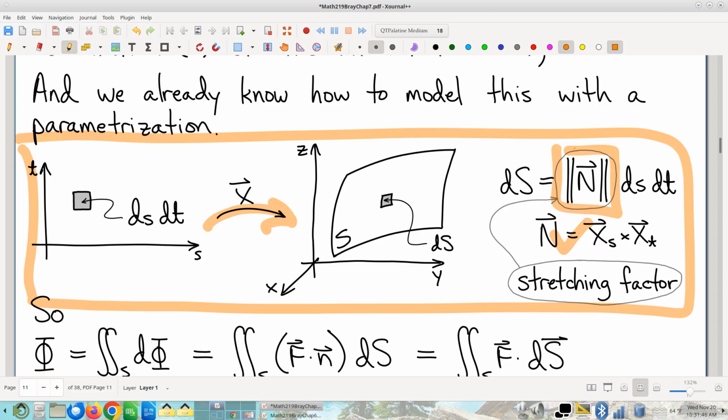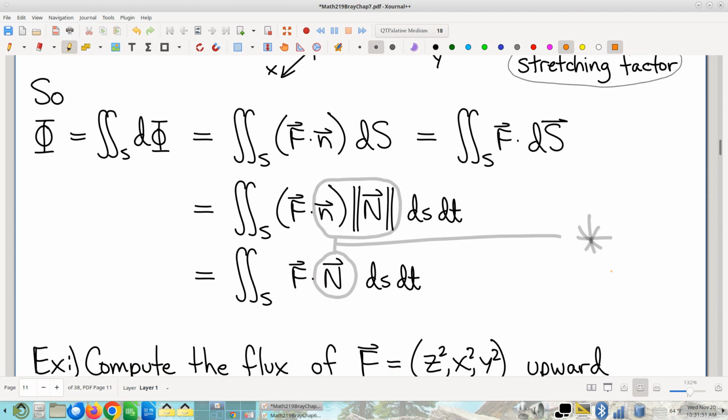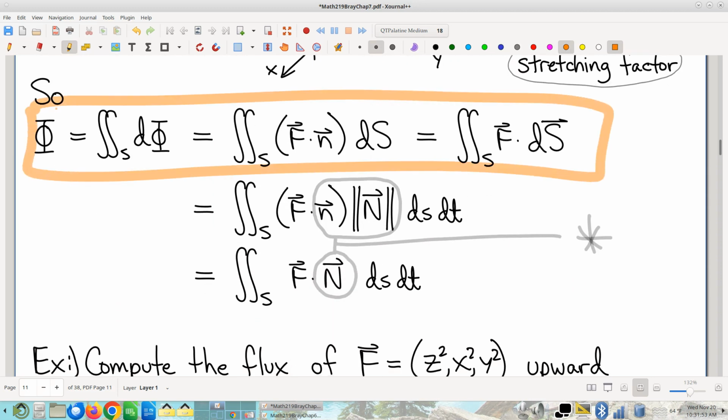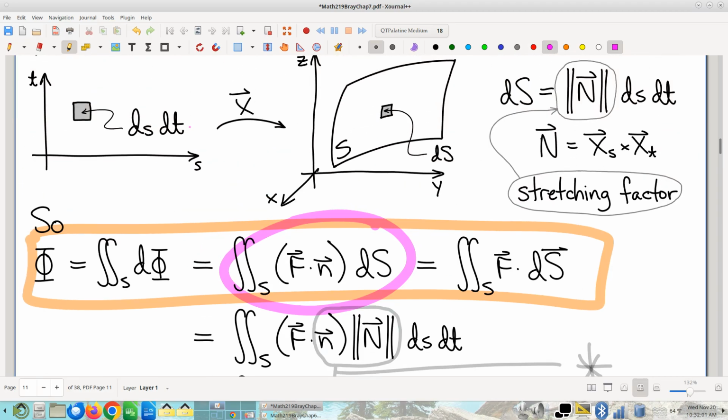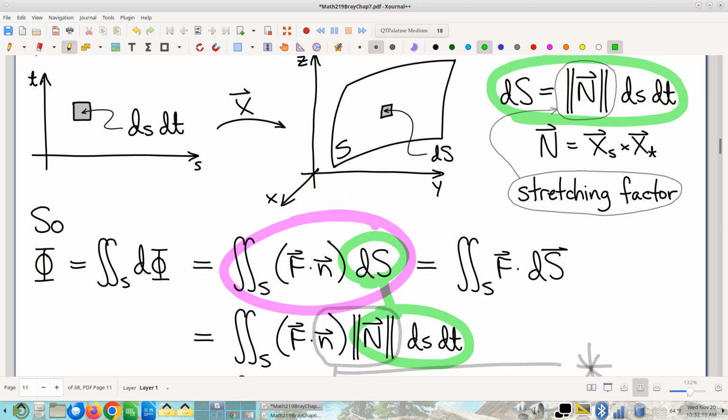Yeah. So all we have to do is take the formulas that we just wrote down. I'm going to look at this one specifically. I'm going to substitute the formula that we just talked about. No big deal, right?